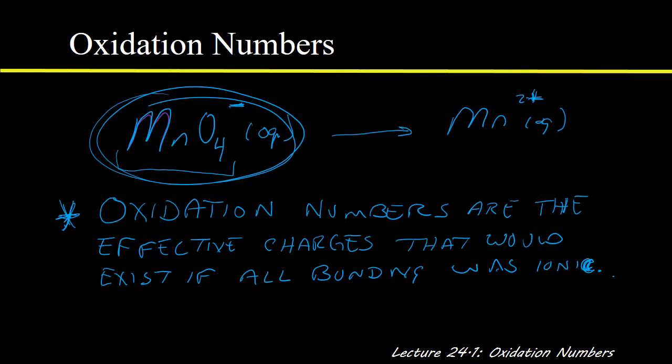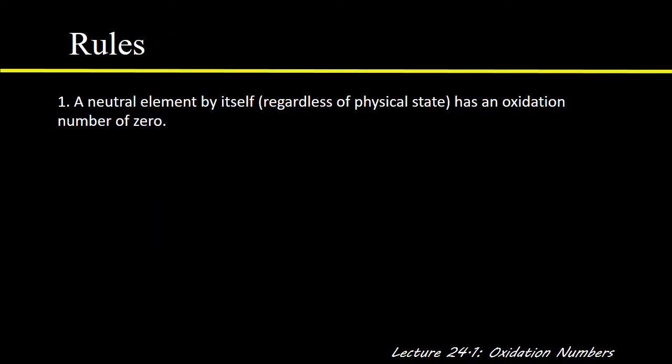Okay. In reality, it's not. Most of these bonds are sort of polar covalent. They've got some ionic character, but there's a lot of electron sharing there. So oxidation numbers in that sense are a little bit of a fiction, but they're helpful in keeping track of electrons, and you know which atoms are holding excess electrons, which atoms are electron deficient, and you can predict which way the electrons are likely to move in a reaction based on these oxidation numbers.